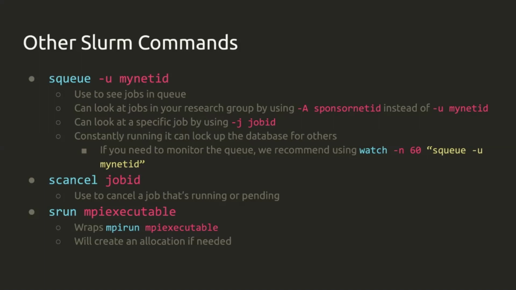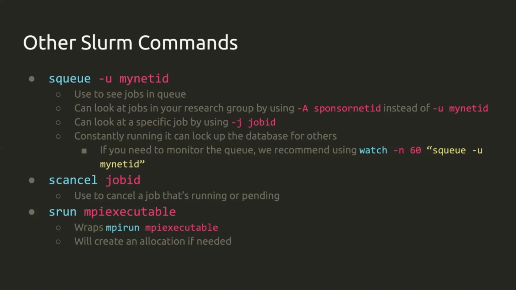So if you need to monitor the queue, we recommend using watch -n60 or something like that. That -n60 says, please run that squeue -u my.nid command every 60 seconds. That still gives you a pretty good feel of how your jobs are doing. It'll give you up to a minute resolution, but it will dramatically lower the amount of churn on Slurm's database there.